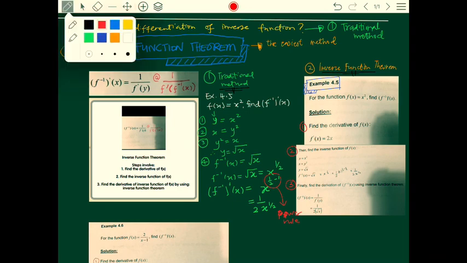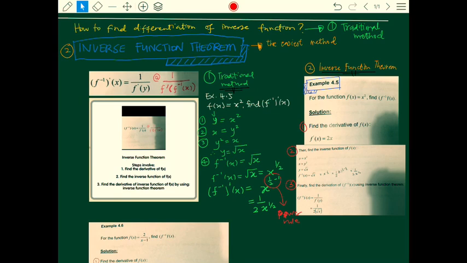Now let's see how we can do the differentiation of the inverse function by using the inverse function theorem. There are 3 specific steps here: find the derivative of f(x), find the inverse function of it, and finally plug in using the inverse function theorem.